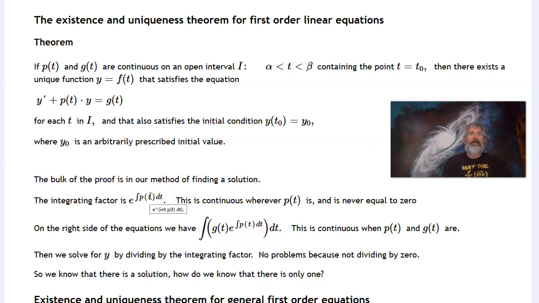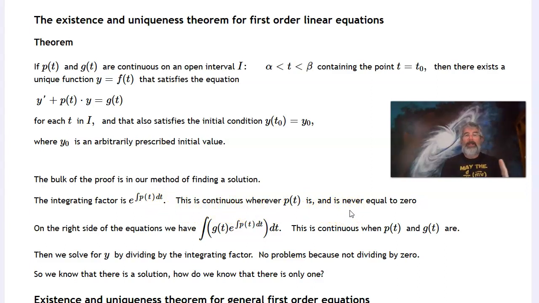And so then if you do e to that, well, the exponential function is continuous everywhere. So the discontinuities of this integrating factor are going to be completely determined by the discontinuities of p. So wherever p is continuous, so will this integrating factor.